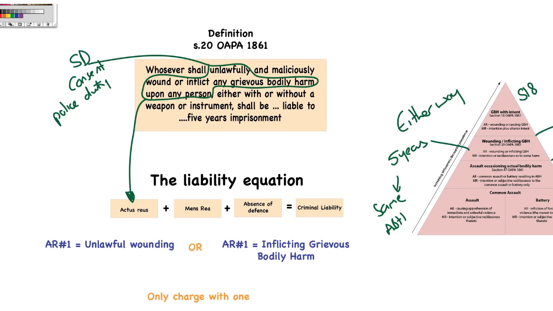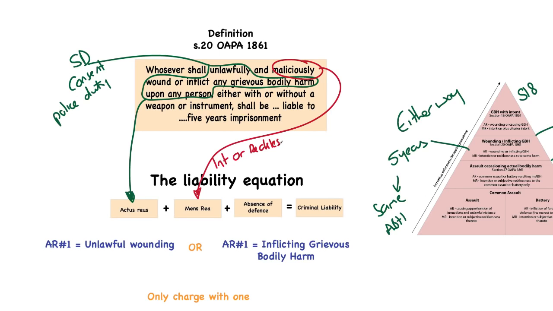The second part that we get from here is this concept of maliciously. Maliciously is the word that is used in the mens rea element, and that means intentionally or recklessly. And we'll look at that fully at the end of the video when we discuss the mens rea element.